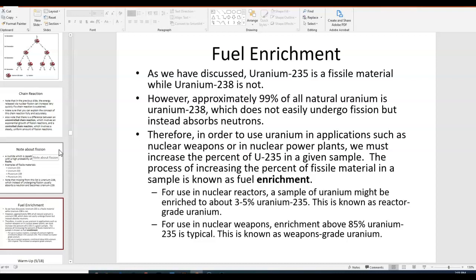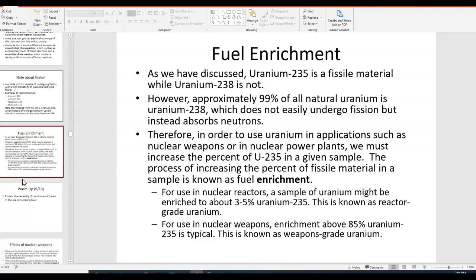The amount of enrichment required for a nuclear bomb is much, much higher than that for a nuclear power plant, because in a nuclear weapon you want exponential growth chain reaction, and you can only get that if you have a lot of uranium-235. So it's much harder to make a nuclear weapon than a nuclear power plant because of the enrichment requirements.